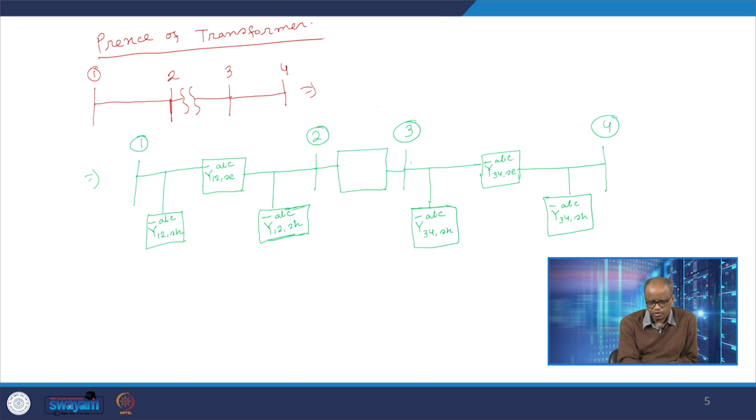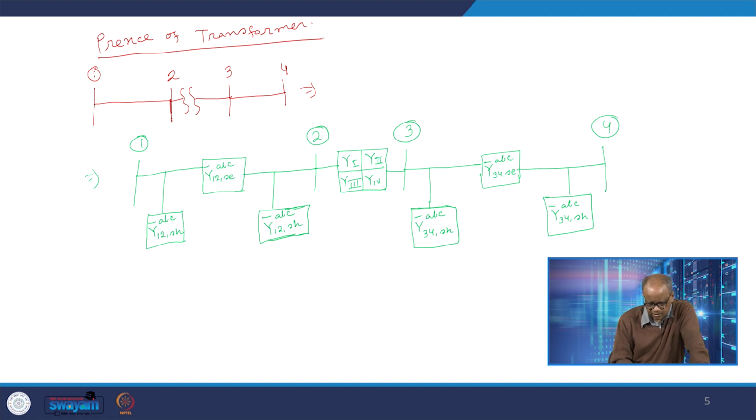That transformer model is given by Y1, Y2, Y3, Y4. Right.